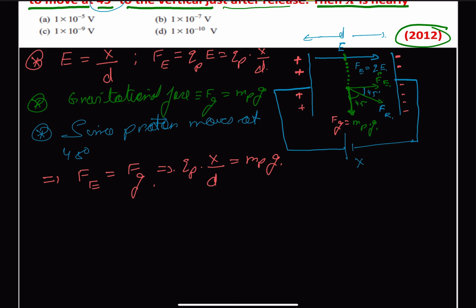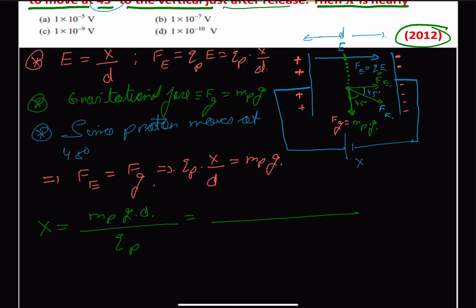And we are interested in finding out X. So we can say that X will be equal to mass of proton multiplied by g multiplied by d divided by charge on proton. And now we simply substitute the values.